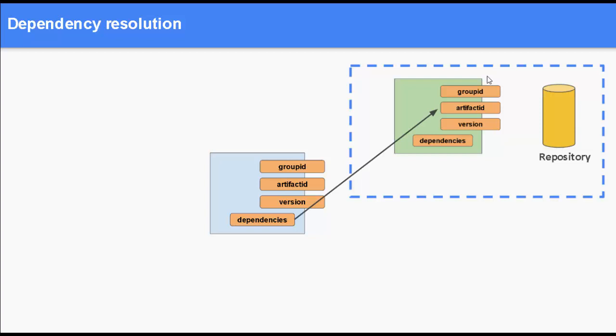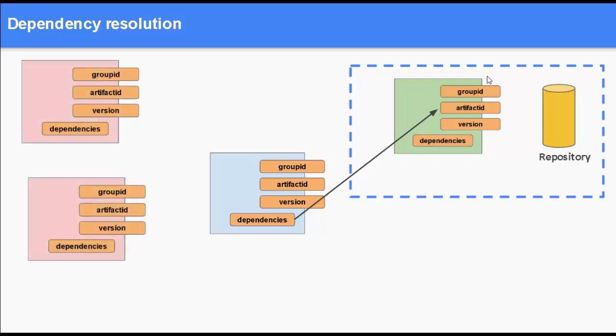So it will read that and go to the specific repository, and from there, with the help of the group ID, artifact ID and version, it will locate those projects and download the dependencies. Similarly, if some other projects are referring to me with my Maven coordinates, they will look for me with those Maven coordinates and search me.